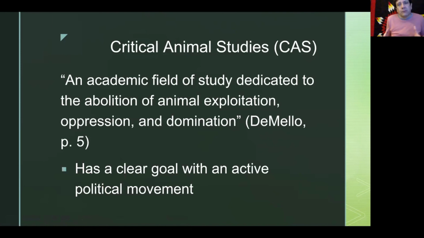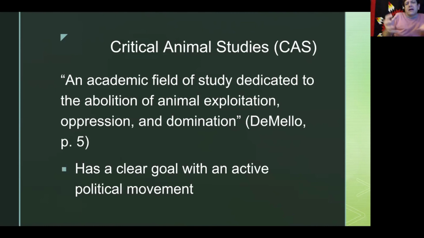Whereas human-animal studies might include some folks who do embrace animal advocacy in some ways, but some of them believe in this notion that we should be dispassionate in our intellectual inquiry, and we shouldn't get too attached to an agenda, and we shouldn't be advocating for something because we should just study it in its most neutral, dispassionate manner.